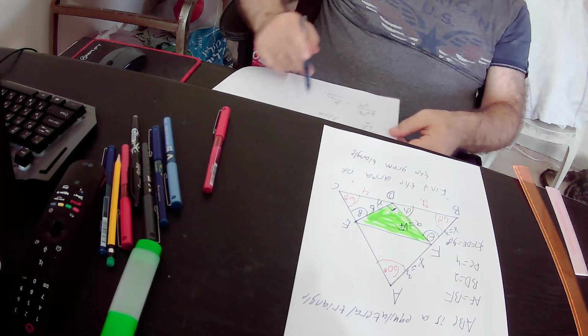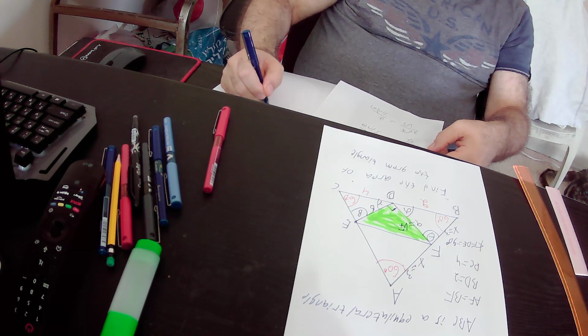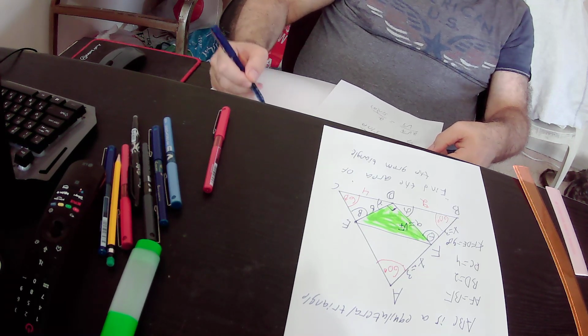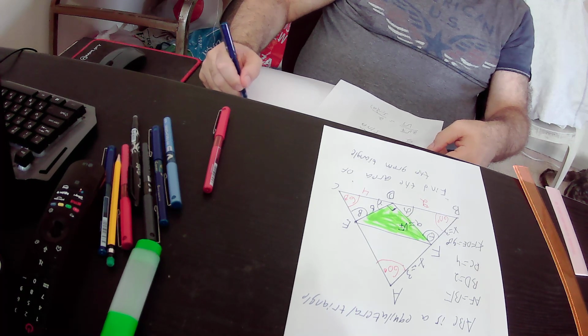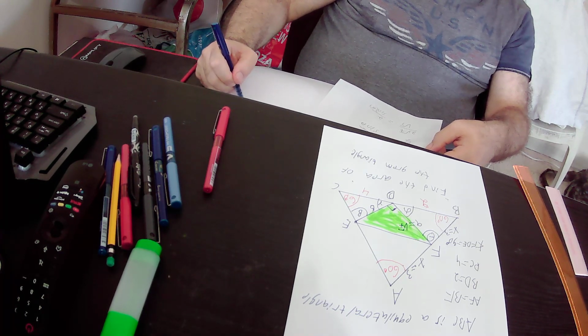So we will get that sinus theta will be equal to 2 times root of 3 over 2 times root of 7.